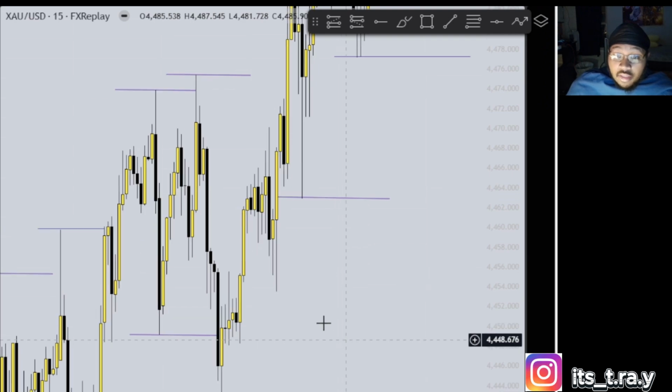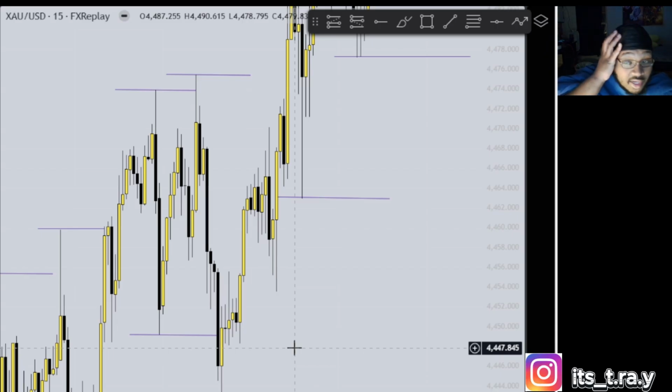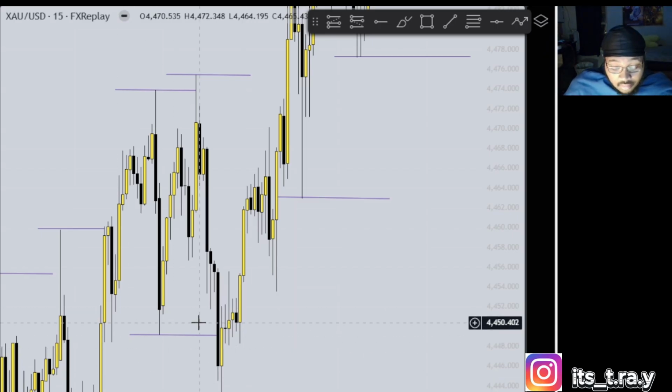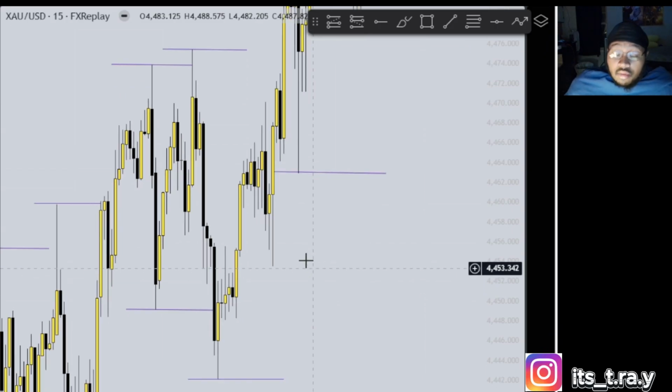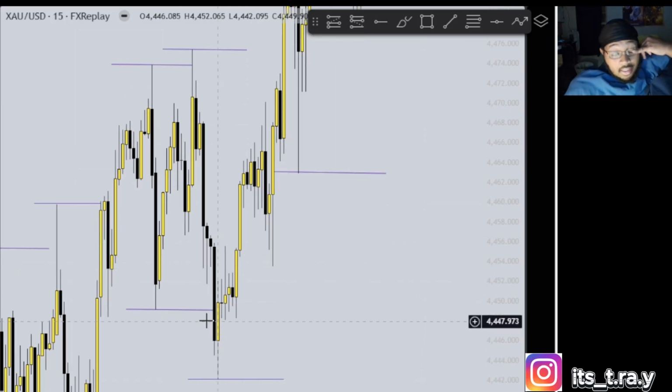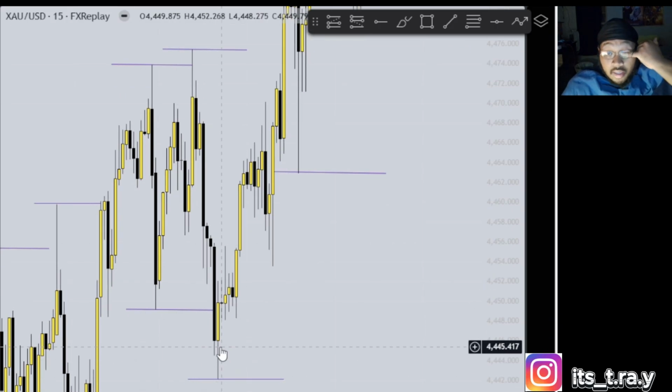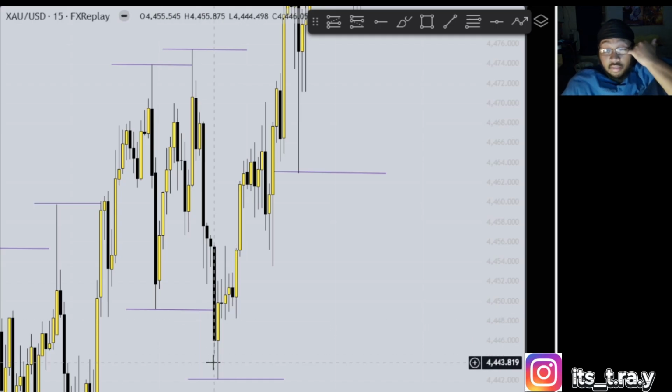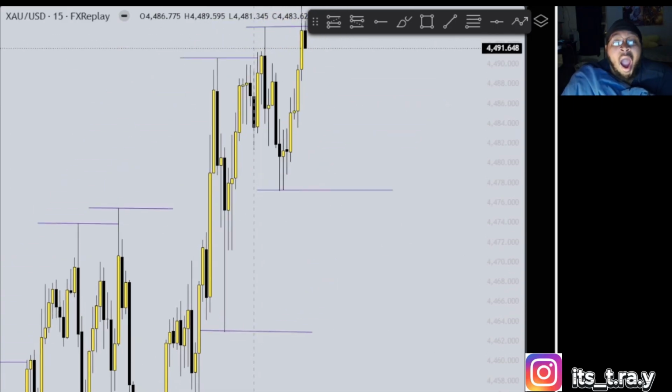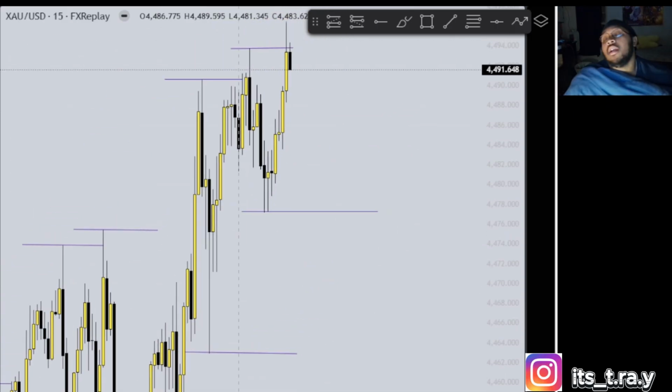Now, me personally, I don't see this as a break of structure because I don't use market structure when I trade. I see this as what would be our next term that we're gonna go over. And in this case, this is a really good opportunity to get into a buy position, which as y'all can see would have been right because we went all the way up here.